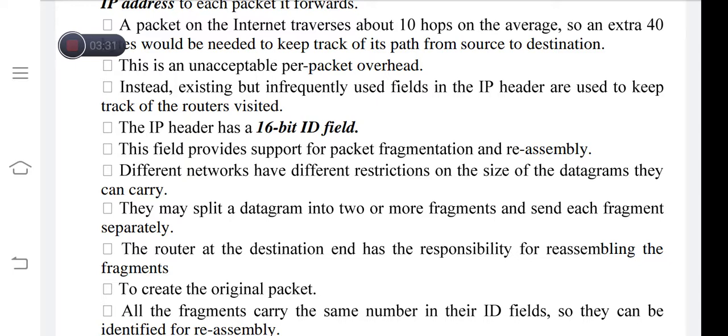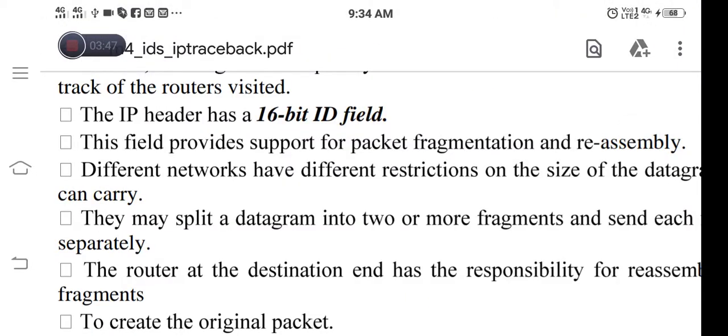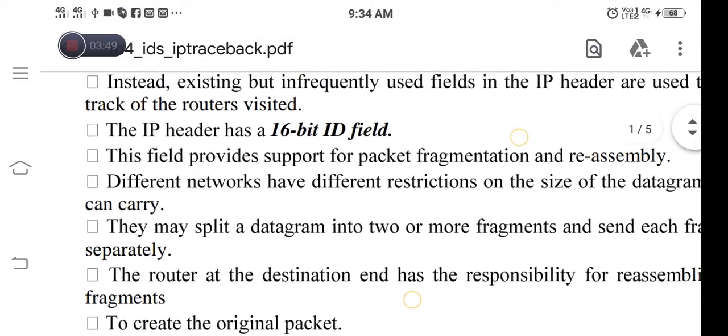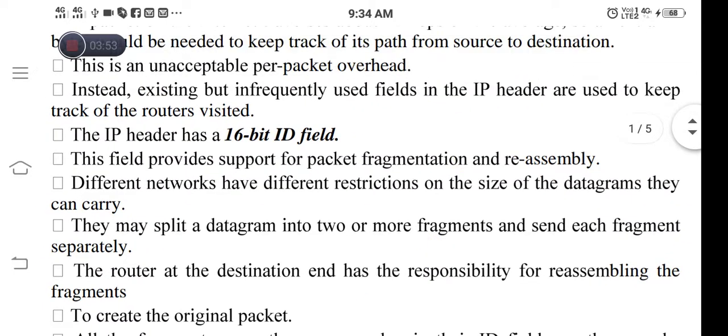This information can be stored in some infrequently used fields of the IP header. Obviously, the IP header has a 16-bit ID field. This field provides the support for packet fragmentation and reassembly.